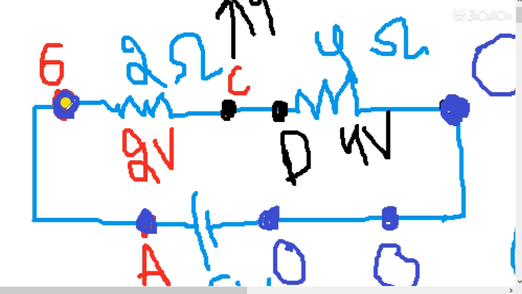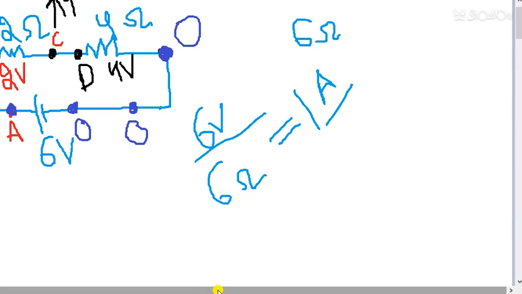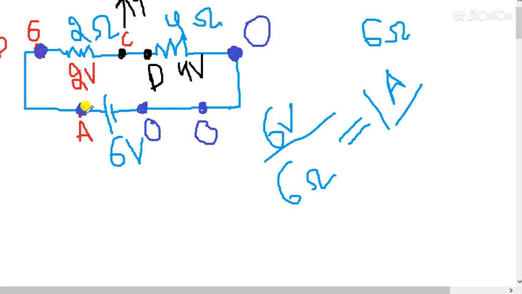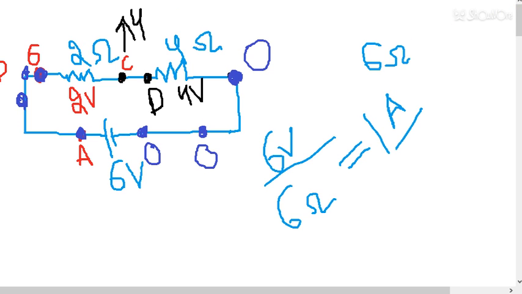We can combine A and B like this, and here also. So these are the properties. If the potential is the same, then we can move the points, like I can move point A here and point B here. I will explain it when we study one question, then it will be more clear to you. So I am closing it now.